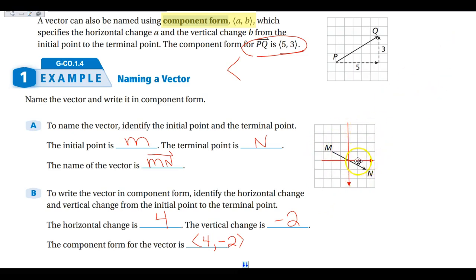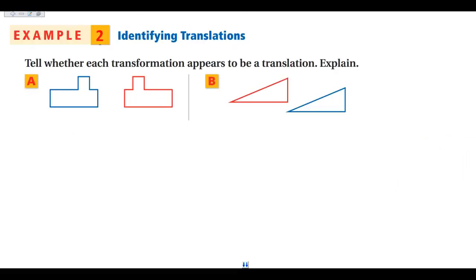It will still have the same horizontal and vertical change no matter where I put this vector on the coordinate plane. All right, so your component form never changes for your vector just because it moves on the plane. It doesn't matter that we don't know those coordinates. It's all about the horizontal change and the vertical change. All right, so if you have questions on that, please go ahead and write it on your papers now.